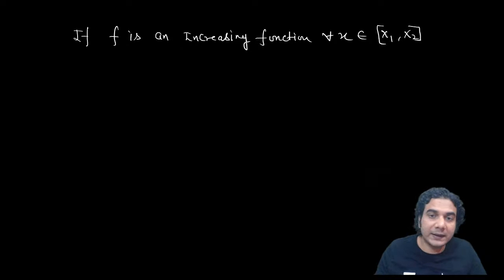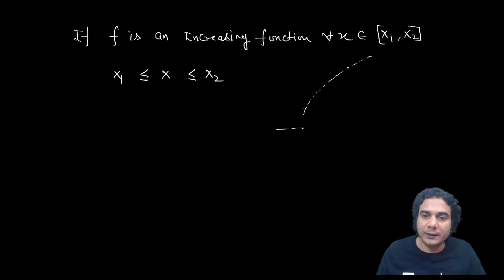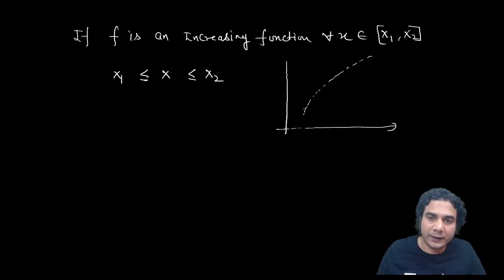Okay, if f(x) is an increasing function for all x belonging to x1 to x2, that means for x greater than or equal to x1 and less than or equal to x2, f is like this. Say this is your x and this is your y. So this point is x1 and this point is x2.